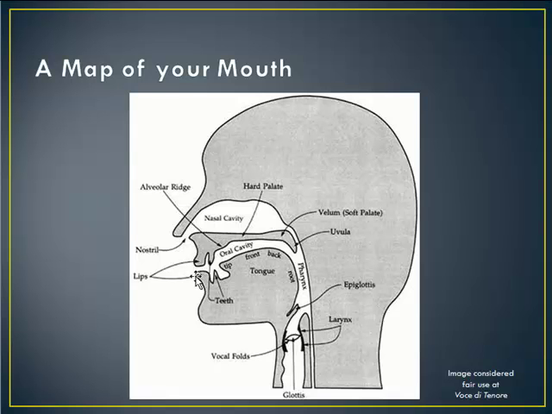If it is blocked by the lips, we have a bilabial consonant. By the nose, we have a nasal consonant. By the alveolar ridge, we have an alveolar consonant. By the hard palate, we have a palatal consonant. And by the soft palate, we have a velar consonant.